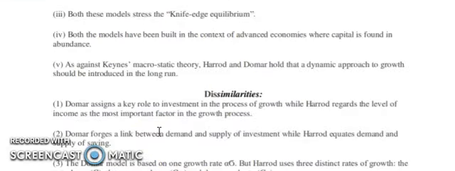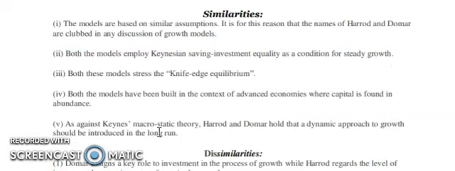Then the comparison of the Harrod model and the Domar model. There are some similarities in both models. The models are based on some similar assumptions. It is for this reason that the names of Harrod and Domar are clubbed in any discussion of growth models. Both models employ Keynesian saving-investment equality as a condition of steady growth.